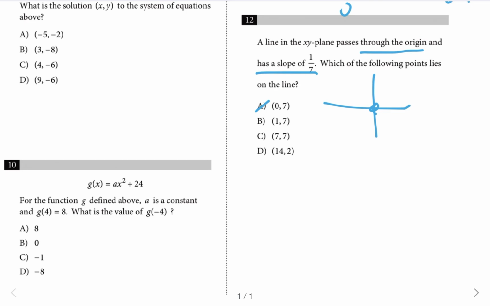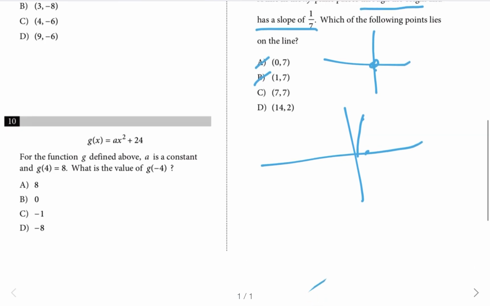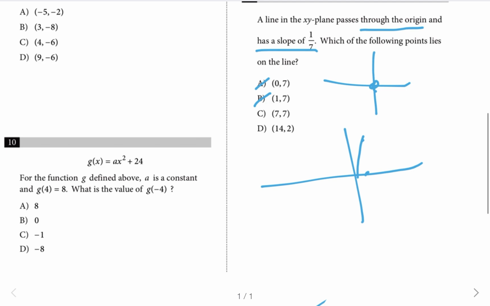Since the origin is at 0, 0, it's not going to be 0, 7. And we can cancel out B, because B is saying when x is 1, y is going to be 7. So it's going to go like this. But that is not what our slope says right here.